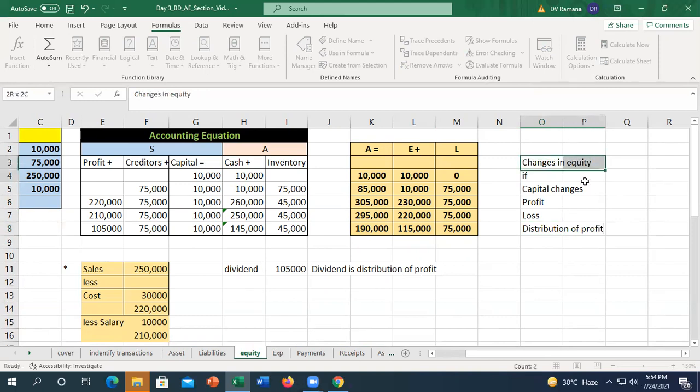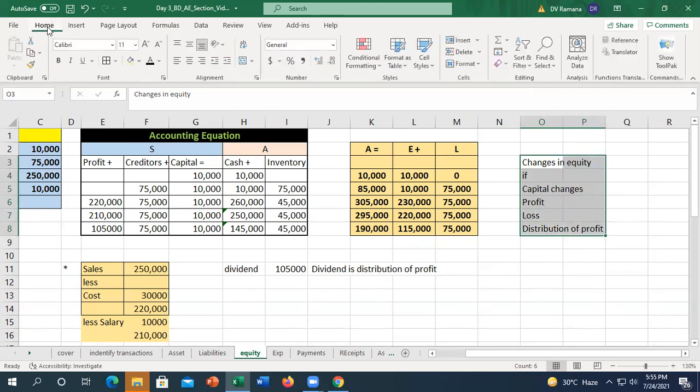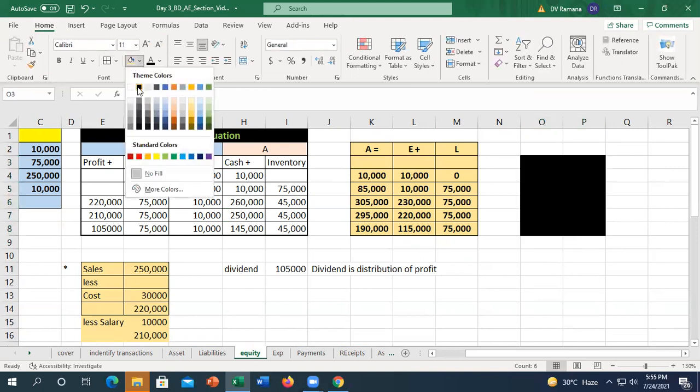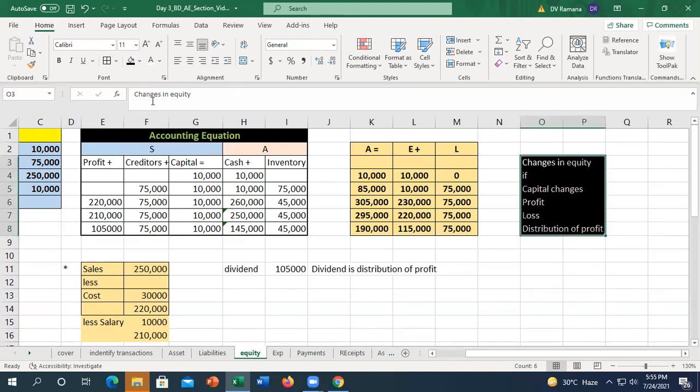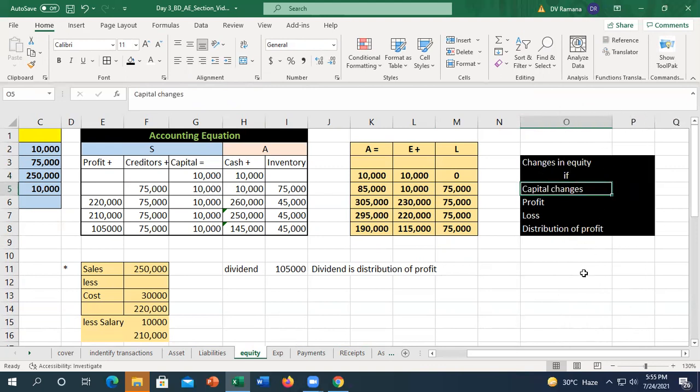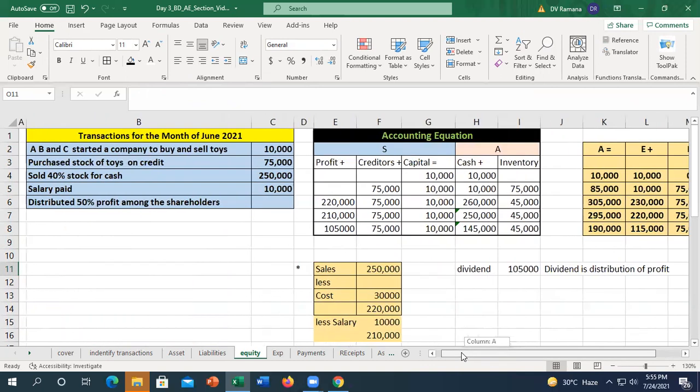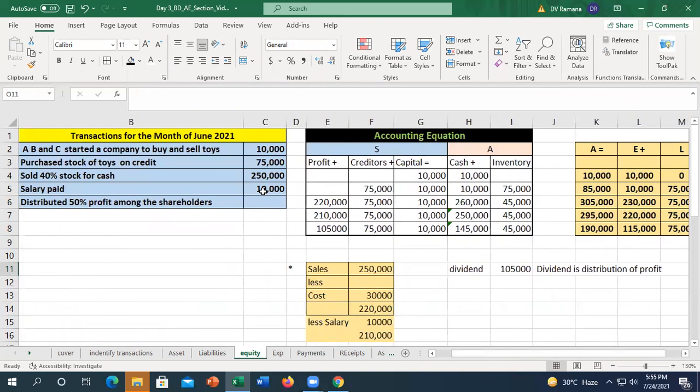So at any point of time, the company's equity, which is the shareholders' money, can change if there is a change in the capital, if the company earns profit, if there is a loss, or if there is a distribution of profit. And equity is an important issue while understanding the financials of a company.